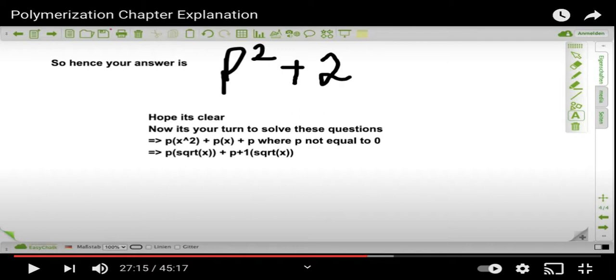Since p is just one value, we can take it as p into 1, which is p of 1. So you can take it as v is p, v is 1, k is 1, k is 1, and b is root x.